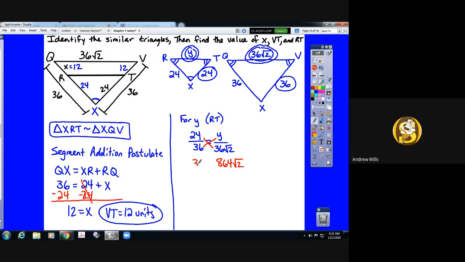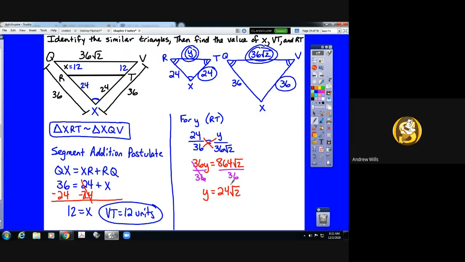On the other side, we'd have 36y. So we have 36y equals 864 root 2. And then we solve that by dividing each side by 36. And we can still just ignore that root 2. It can just sit there and just continue to be like a variable. So y equals 24 root 2.